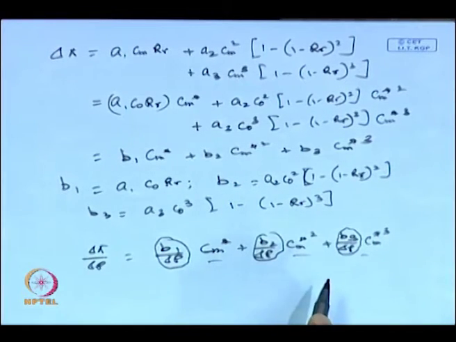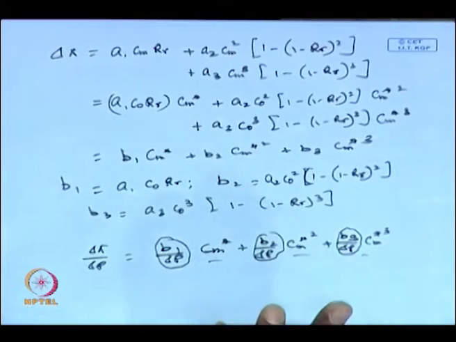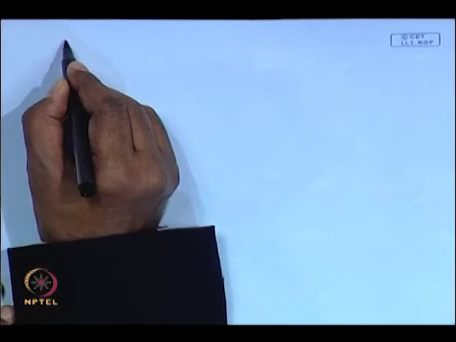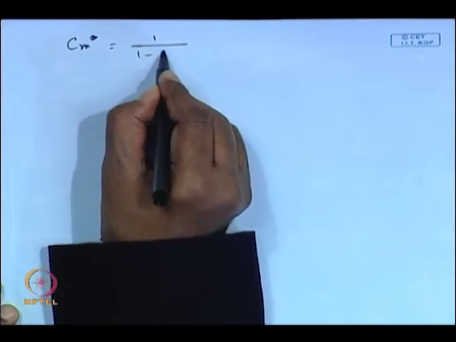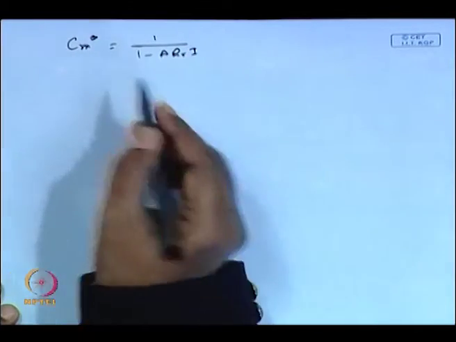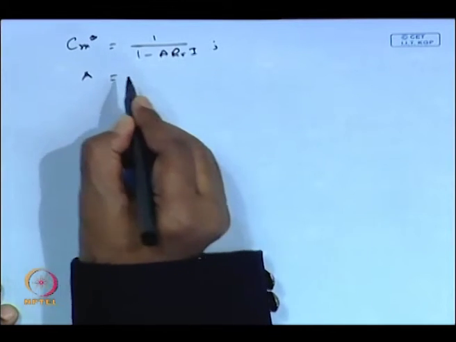So, what do you have now? Let us write down the governing equations, the relevant equations in one place; that will be better, otherwise the whole thing becomes cluttered. The first equation is Cm star equals 1 over 1 minus A RR, and what is A?